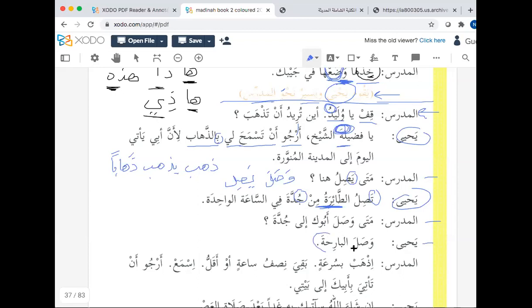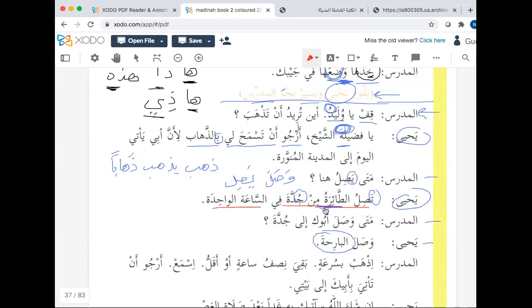Barakallahu feek. And here's a new word, al-bariha, which means yesterday evening, last night. Because here he said tasilu at-ta'iratu min Jeddata fi as-sa'at al-wahida.